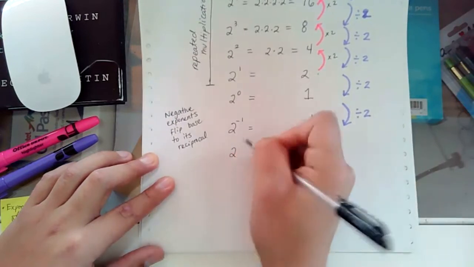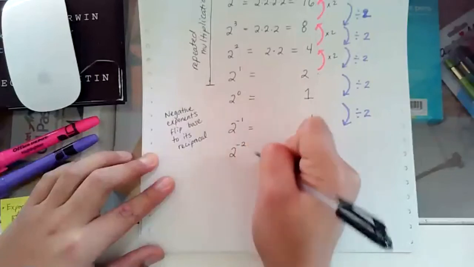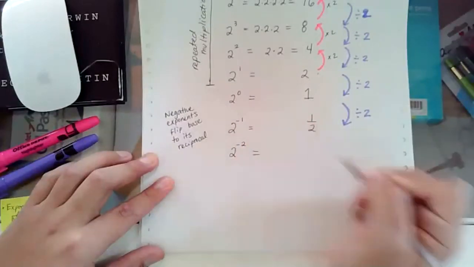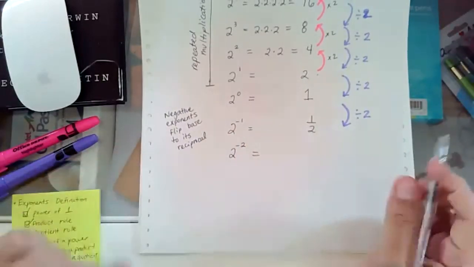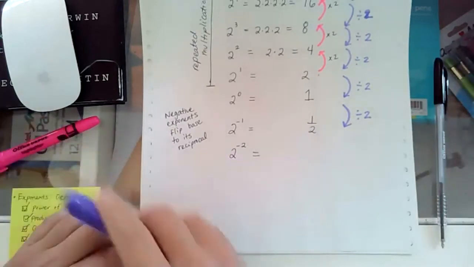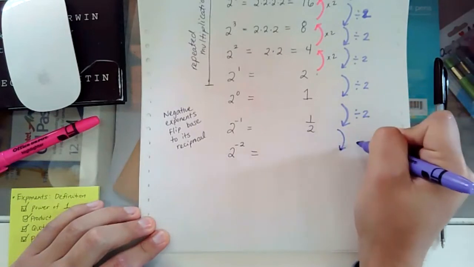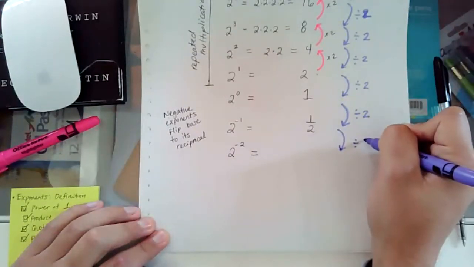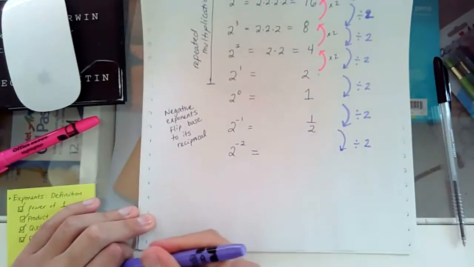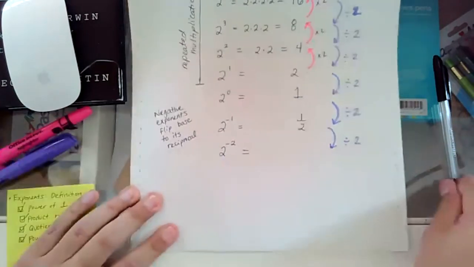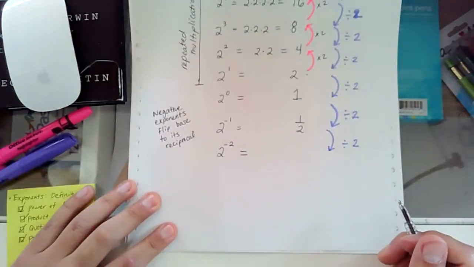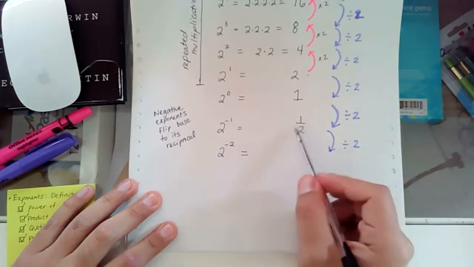So then if we continue this pattern, what should 2 to the negative 2 be? Well, we could take 1/2 and divide it by 2. And what should we get? It might be useful to think about it as a decimal.